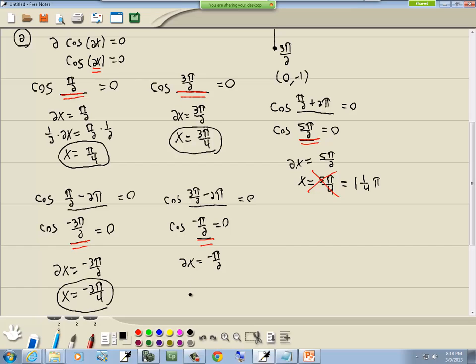Multiply both sides by 1/2, and you get x is equal to negative pi over 4. And that's also in the range. Now instead of just subtracting 2 pi, I could subtract 4 pi. What I'm going to find, though, is those actually go past my interval. They become less than negative pi. So those are our 4 answers.